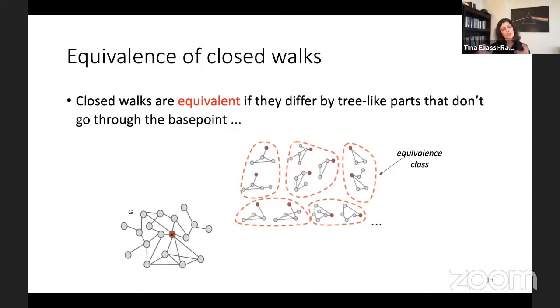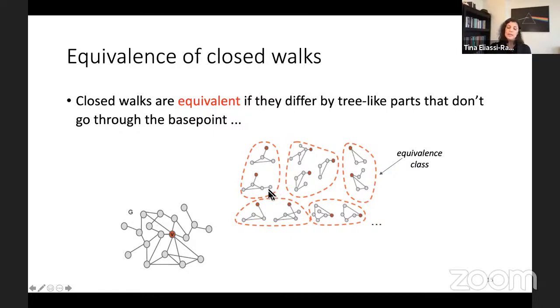Then I'm going to group my set of closed walks into classes, which I'm going to call equivalence classes, if the closed walks only differ by their tree-like parts that don't go through the base point. So for example, in here, these two closed walks are equivalent because they only differ in this dangling edge here.